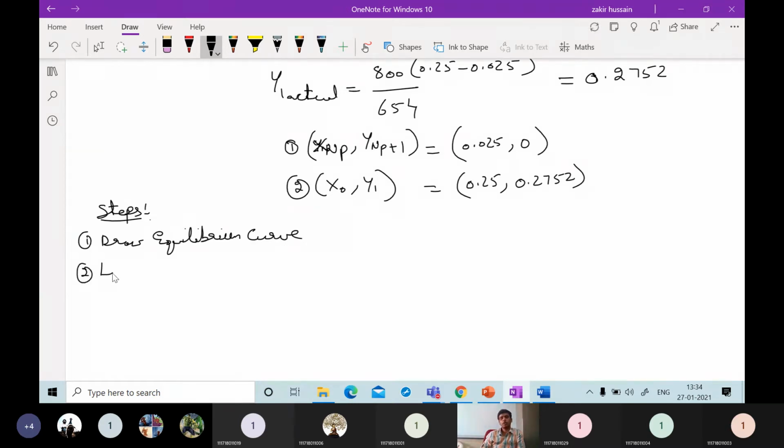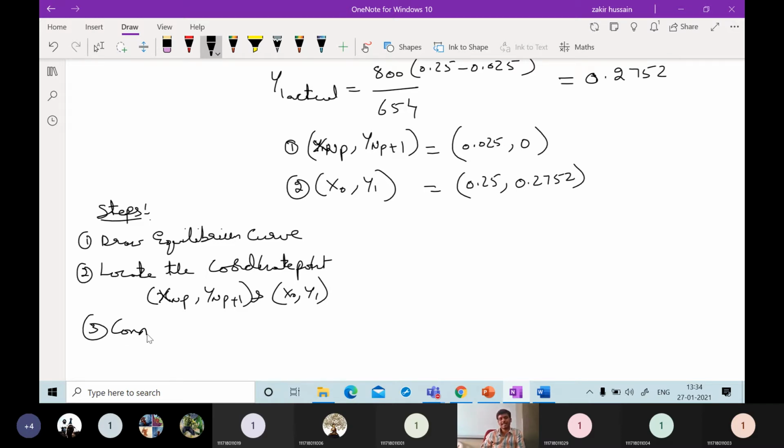Next, locate the coordinate points, xnp comma ynp plus 1 and x naught comma y1.